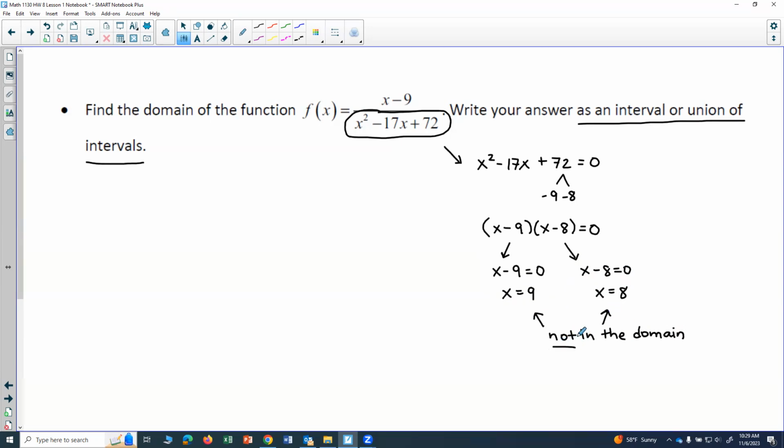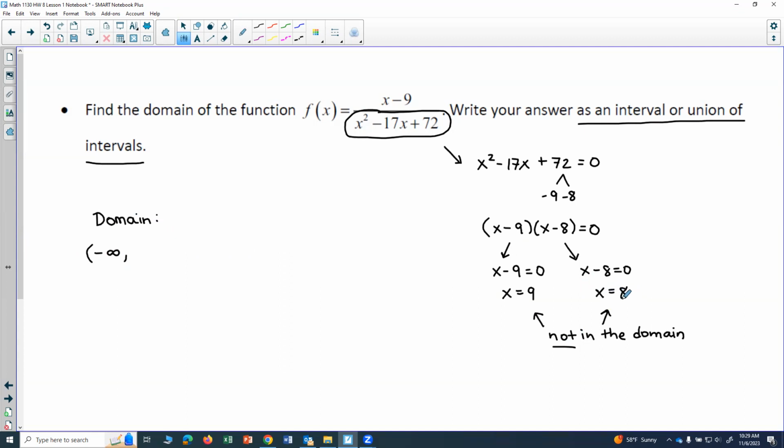So our domain is going to be all real numbers except for those two. And normally for all real numbers, you would have negative infinity to positive infinity. So what we have to do is start with negative infinity, and we have to somehow exclude these two numbers.